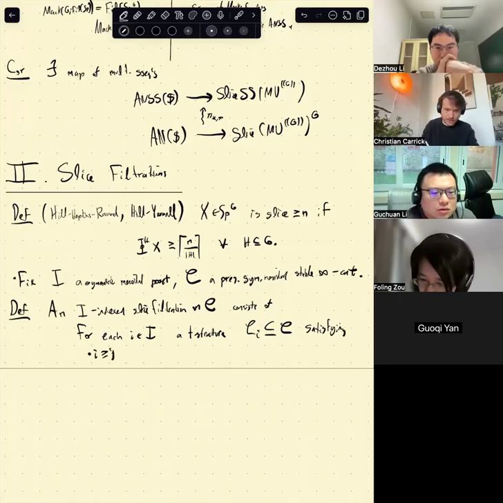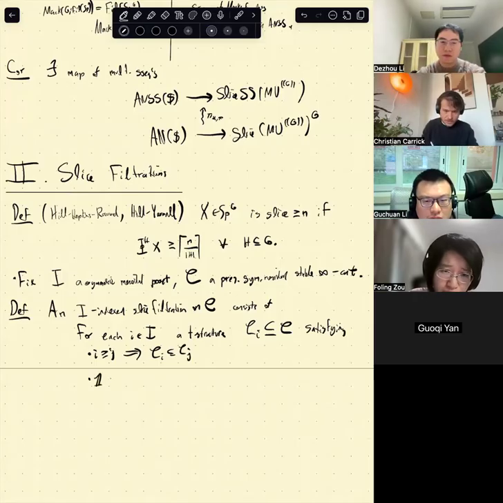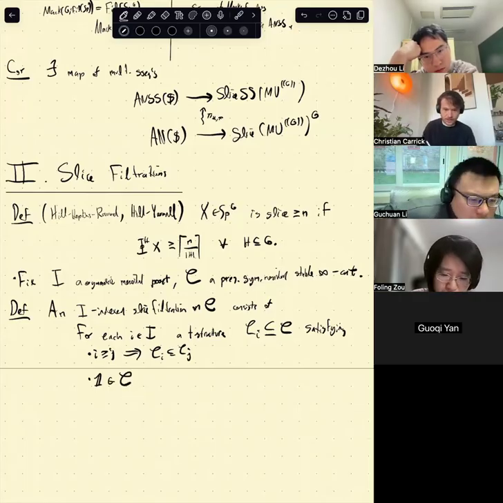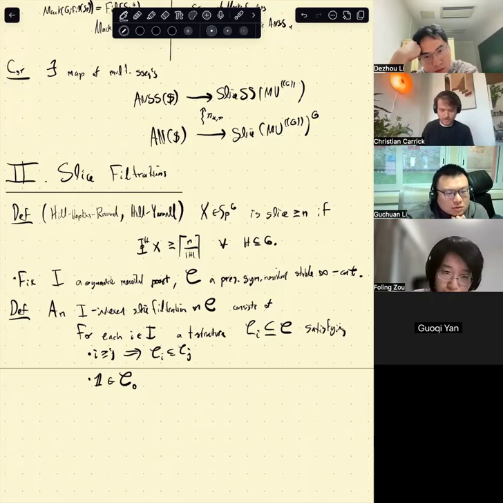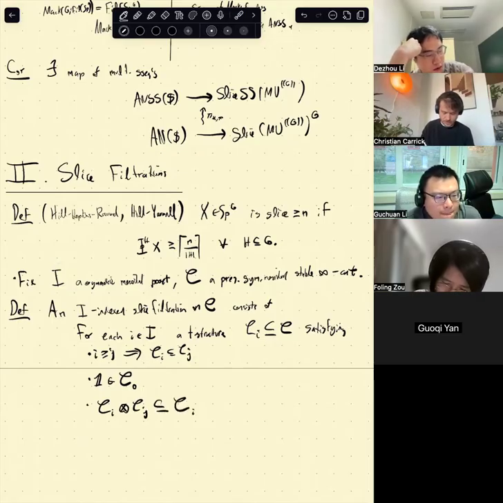So if i is greater than or equal to j in big I, C_i should be contained in C_j. The unit should be contained in the T structure C indexed at 0. So 0 means the unit in the symmetric monoidal category I. And finally, I want that if I take C_i and tensor it with C_j, this is always contained in C_{i tensor j}.